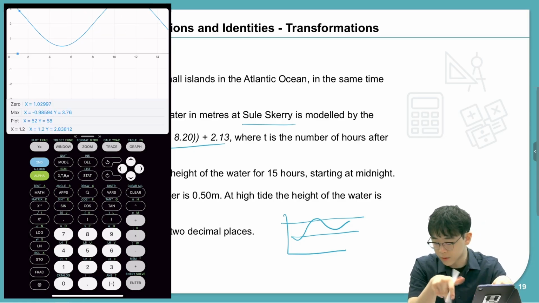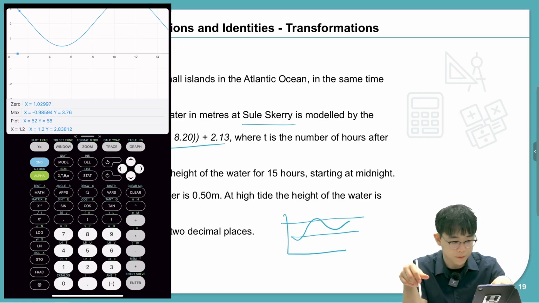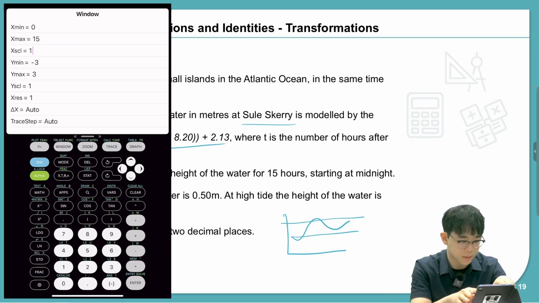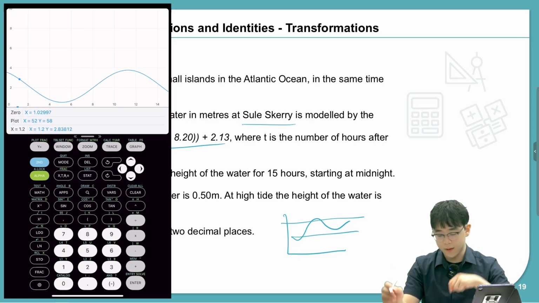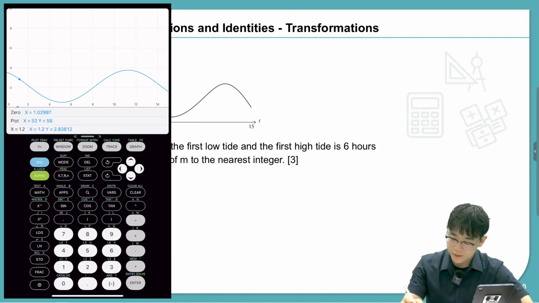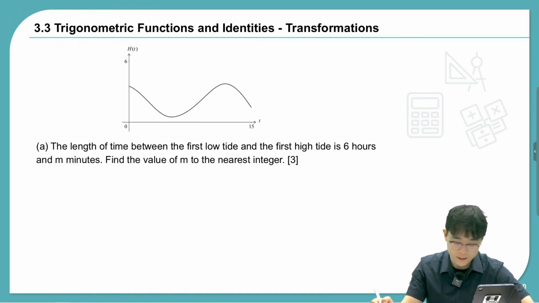And we want to make sure that we see the full wave here, so we'll just zoom out a little bit. I guess the wave will be greater than 0 at all times. Right, so this is the graph that we get. I'm just going to trace this here, or it's also provided for us.